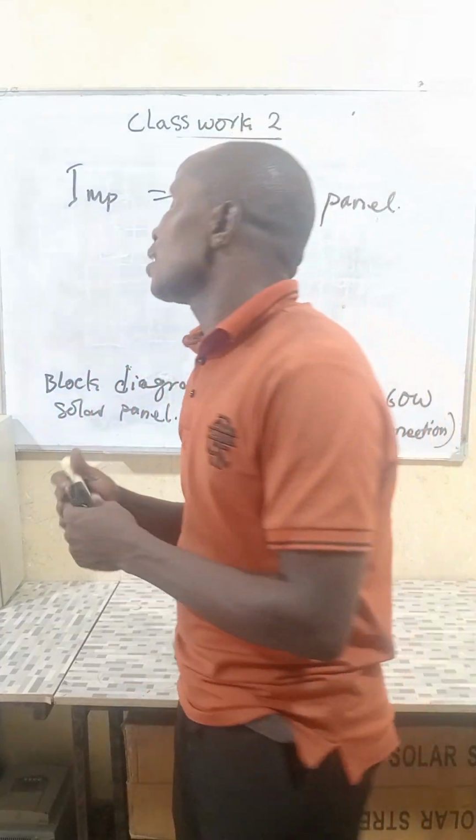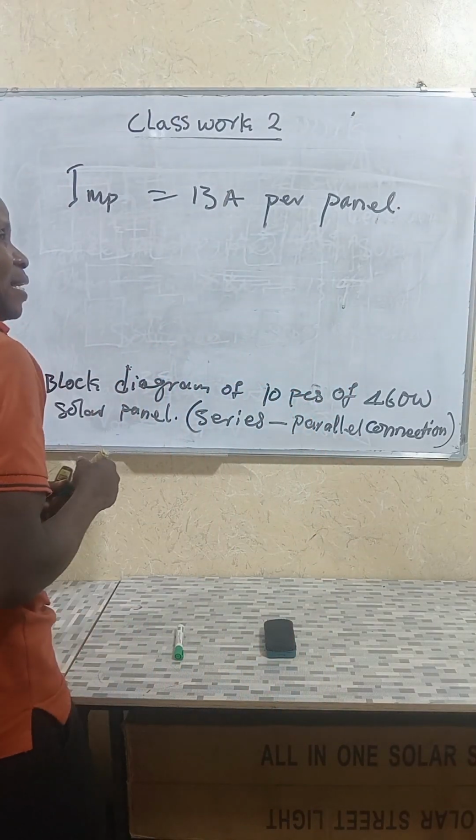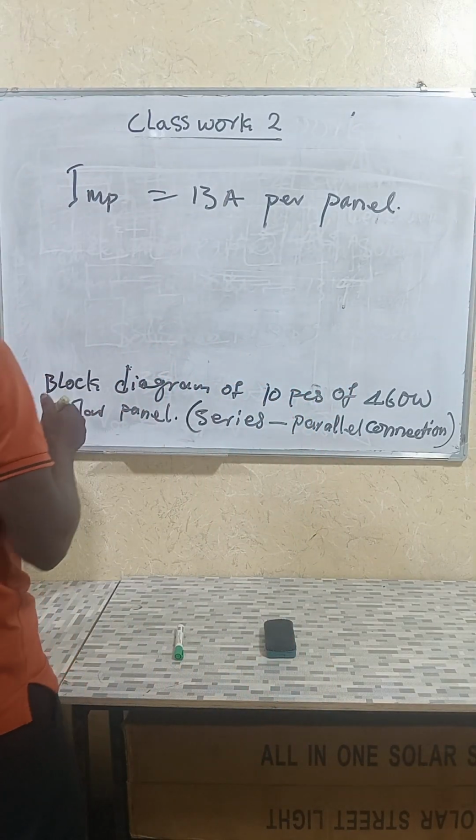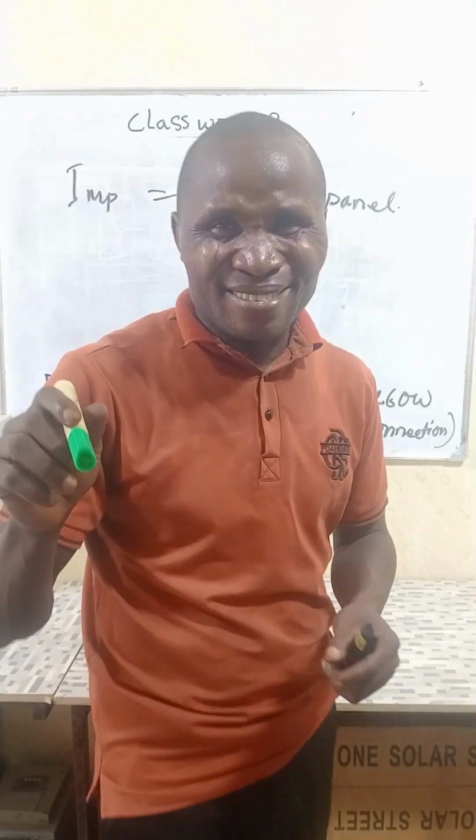Remember, that is 10 panels, and two are connected in series. When solar panels are connected in series, the amps remain the same. But when they are connected in parallel, the amps increase.